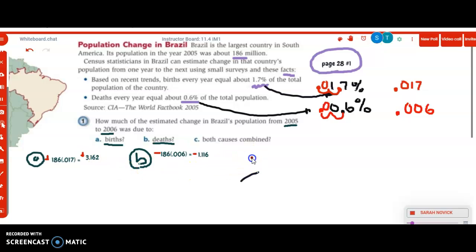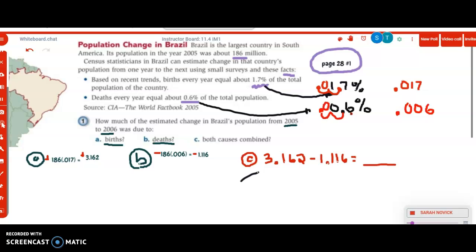So in both cases combined, we could subtract these two. We could say this is going to be 3.162 minus 1.116, and that's going to tell us what the change is, how much it goes up or down.